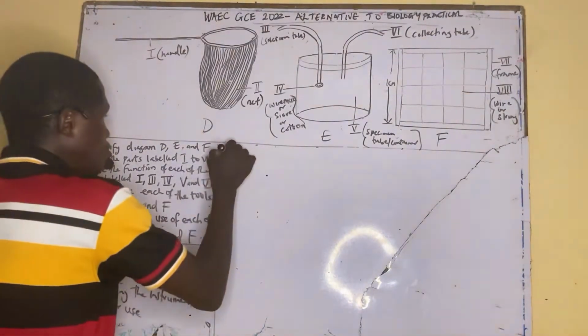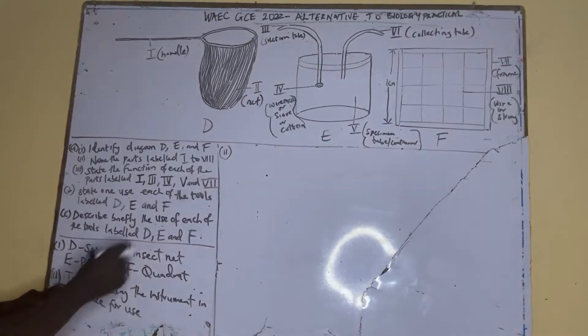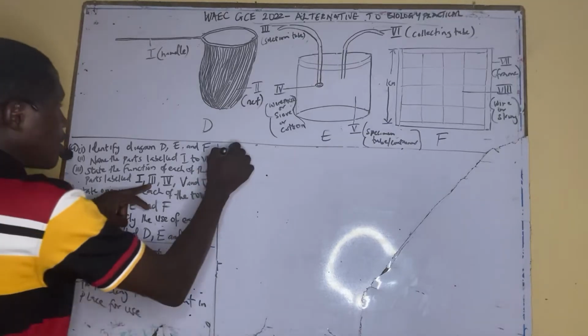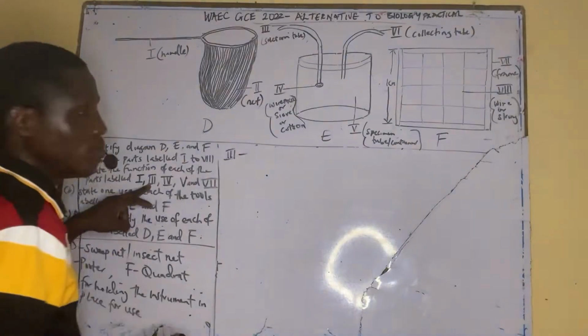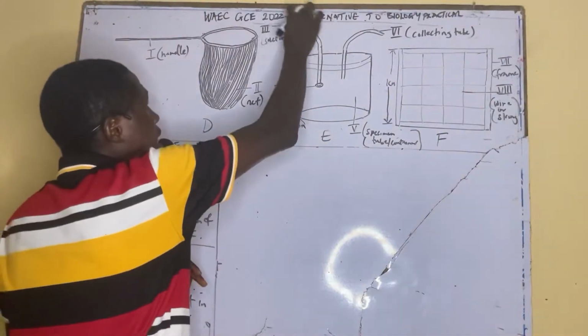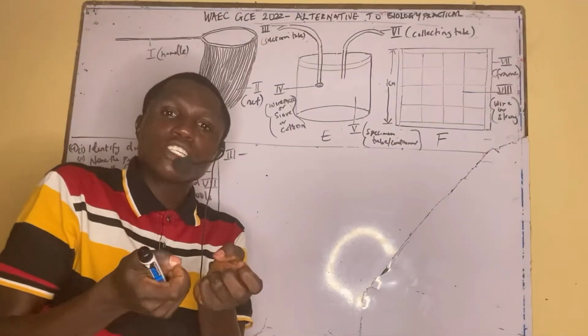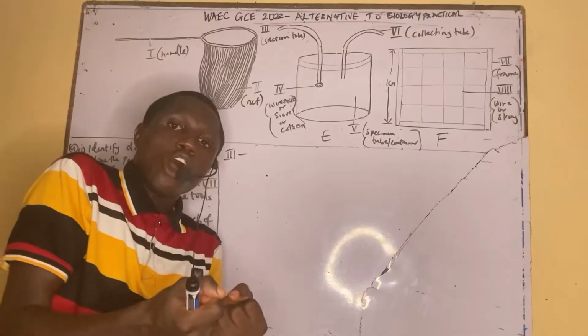Then Roman figure 2 here. Sorry, we have to write the function of Roman figure 3, not Roman figure 2. Roman figure 3 is the suction tube. We put the suction tube in the mouth when we are using the putter to apply suction pressure in order to draw in the insect.